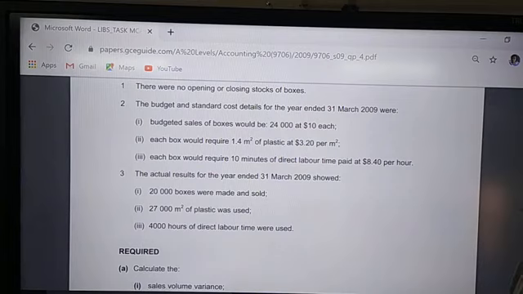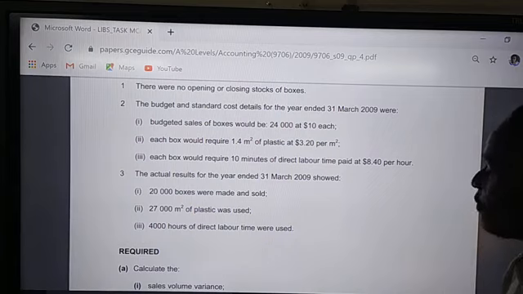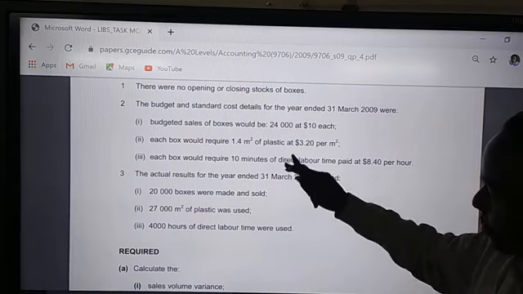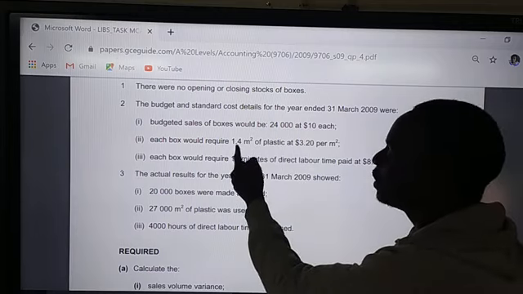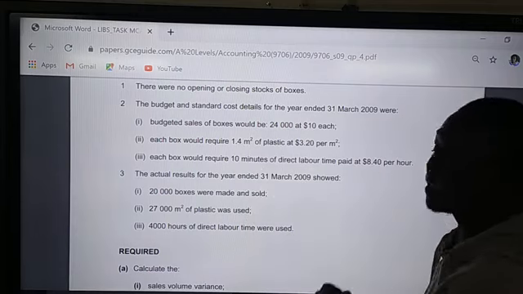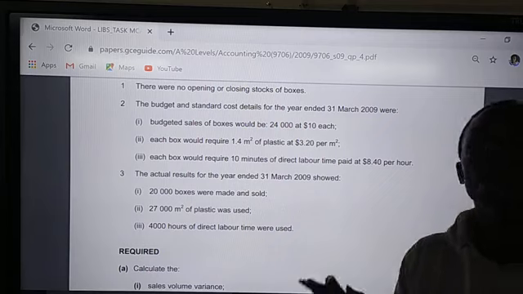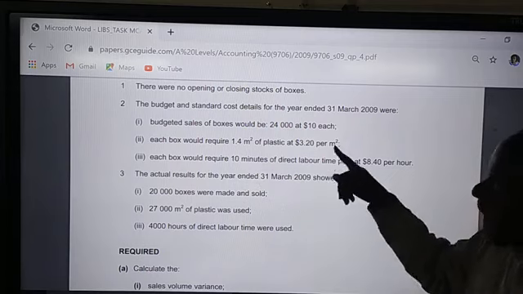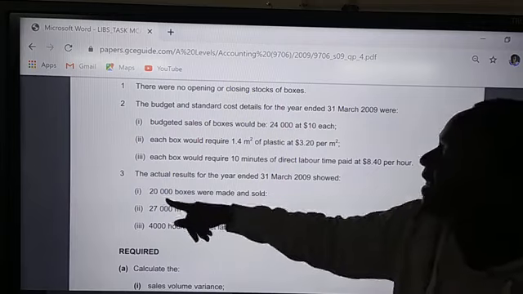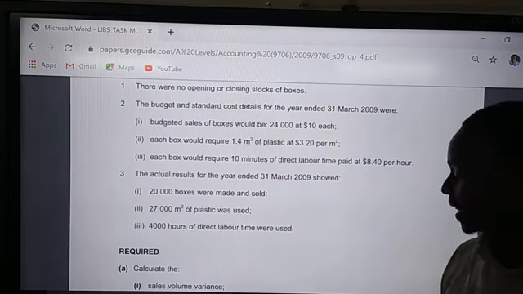So what's the formula of calculating standard quantity? Remember, I gave you the formula. We had budgeted that each unit requires 1,4 meters squared. So to flex, we simply say 1,4 times 20,000 boxes, isn't it?